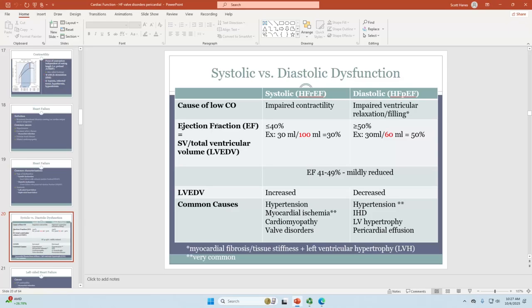So you might be saying, well, why doesn't it just keep filling until it gets to 100 mL? Well, because of the smaller space, you increase the pressure in the left ventricle faster, forcing the valve to close and open accordingly. So as soon as you get to that critical pressure, it's going to open the aortic valve in this case.